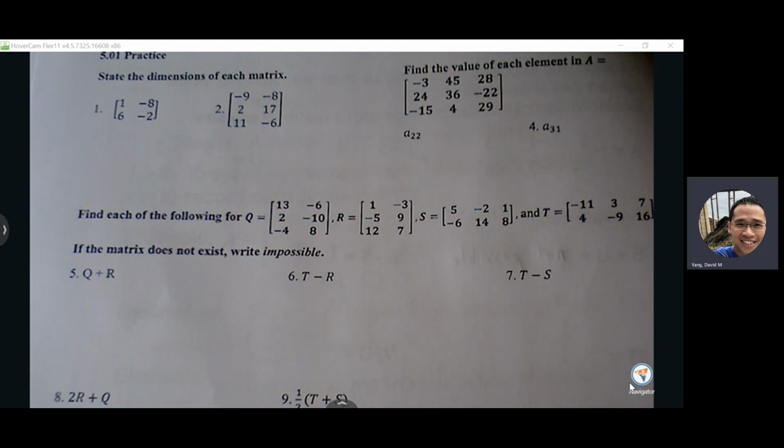But when we get to 10 through 12, you may want to solve for X first before you start replacing all the elements for the matrix. It's a fraction statement.